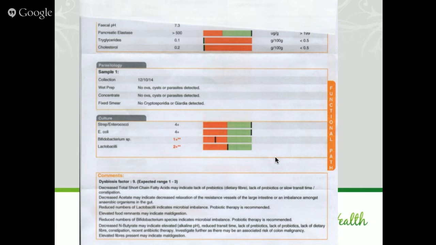As you can see in the comments below, and this is the cool thing about HealthScope, they give you some decent clinical indicators at the bottom, the reason they weren't sticking is because her prebiotics, her dietary fibre, just wasn't there for them to feed off.